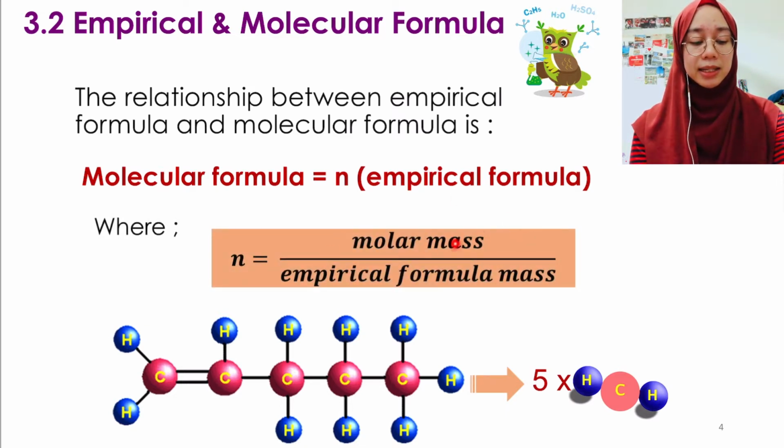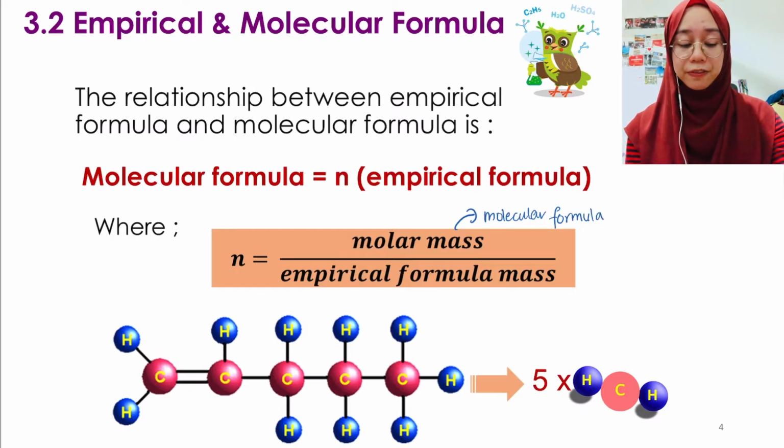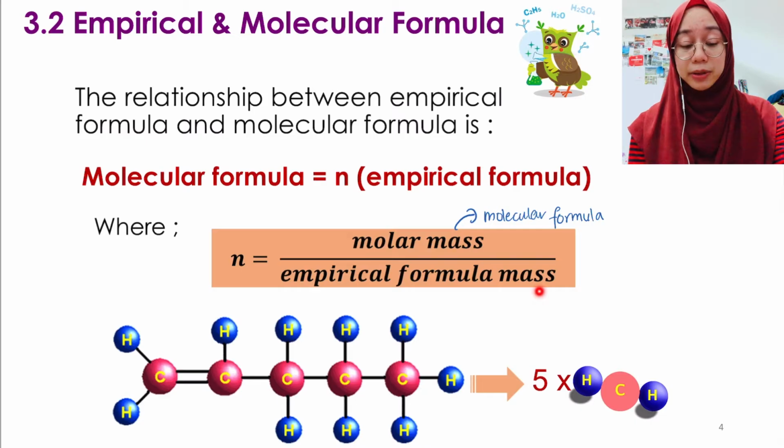So molar mass ni adalah yang datang daripada molecular formula lah, daripada the actual number of atoms. Meanwhile, empirical formula mass ni adalah daripada yang simplest whole number ratio tu nanti. Okay, so cara kira molar mass kamu dah pandai kan? Okay, so nanti kita tengok macam mana kita nak guna pakai relationship ni, nak cari value N tu.